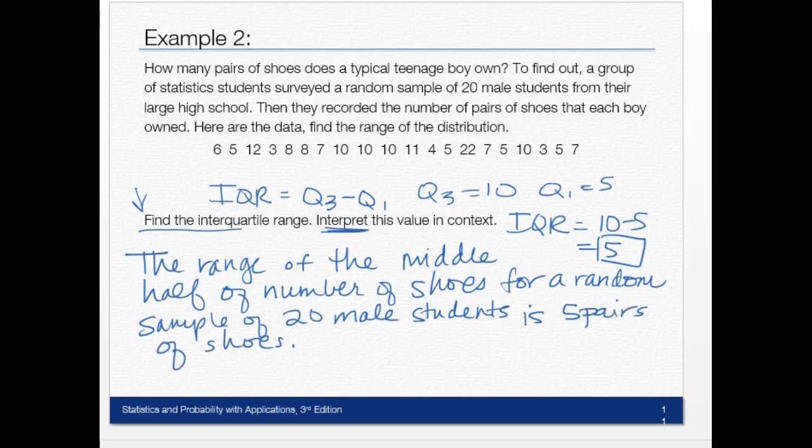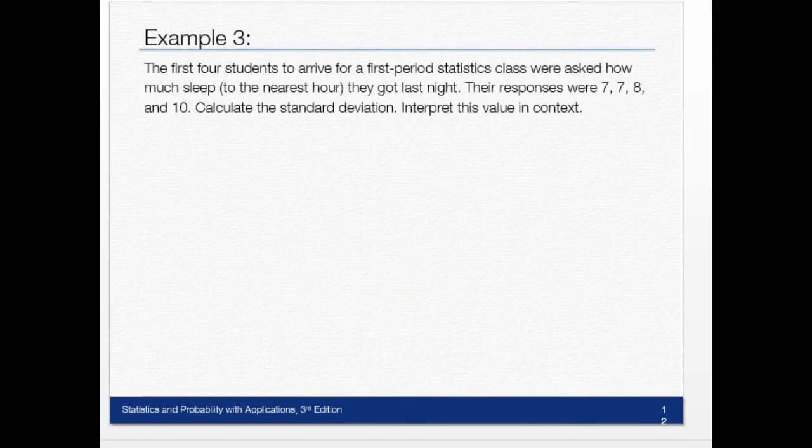The range of the middle half of the number of shoes for a random sample of 20 male students is 5 pairs of shoes. So anytime you're asked to interpret interquartile range, you're going to repeat some of these phrases, like the range of the middle half of whatever it is, and the rest of it you fill in with the context and the answers of that problem. Don't use the same sentence every single time. Use the same framework or format, but you change the context.